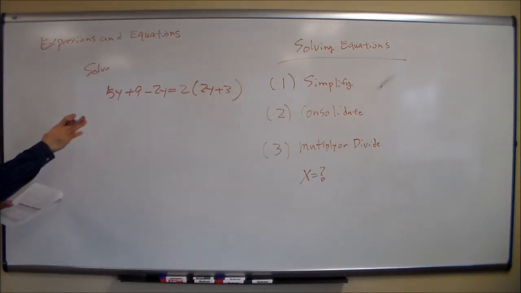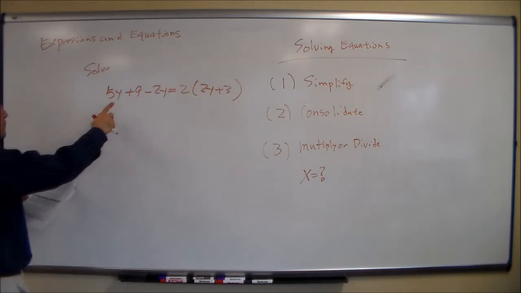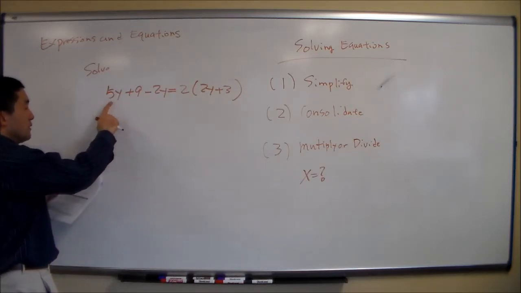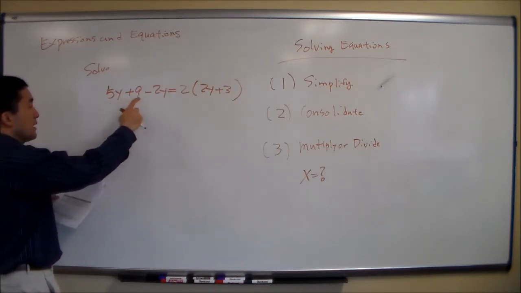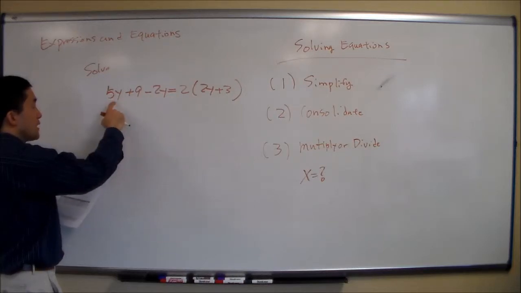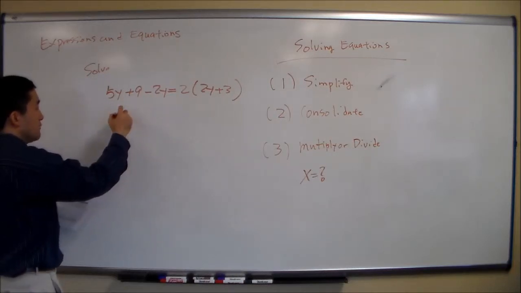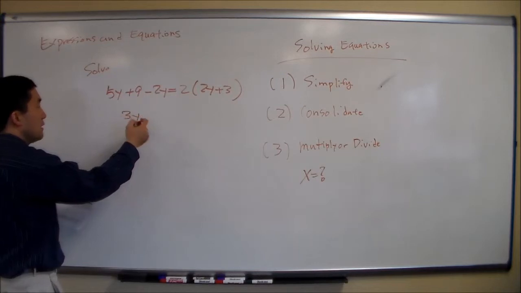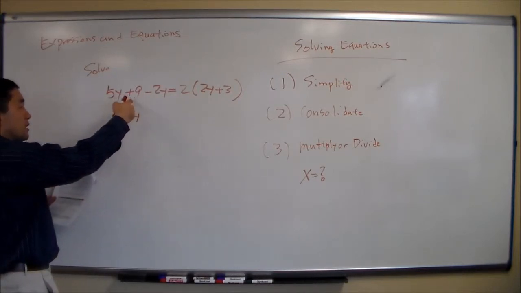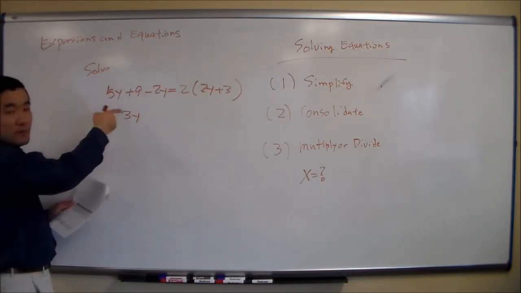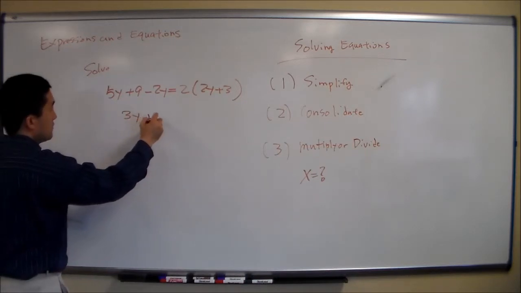So let's simplify each side of the equation. So this side, the like terms are 5y and then negative 2y. 5y minus 2y, that makes it a 3y. We're not going to touch the 9 because that's a number, there's no other numbers to combine it with. So plus 9.